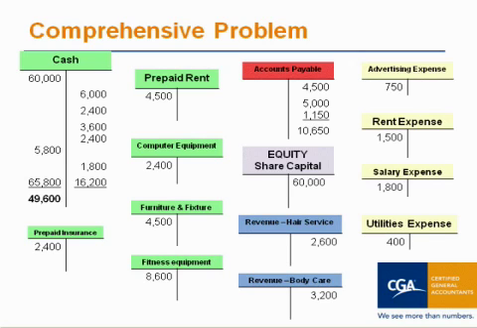We also have in prepaid insurance a debit balance of $2,400, prepaid rent $4,500, computer equipment $2,400, furniture and fixtures $4,500, fitness equipment $8,600.